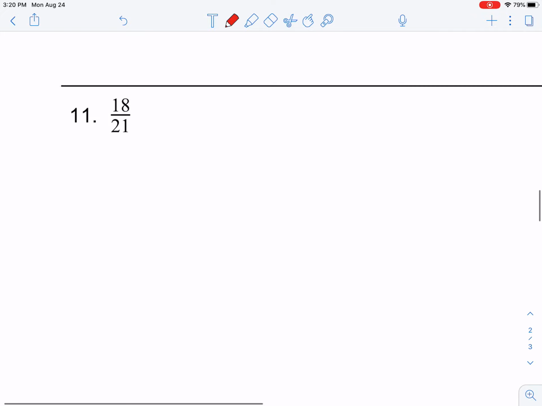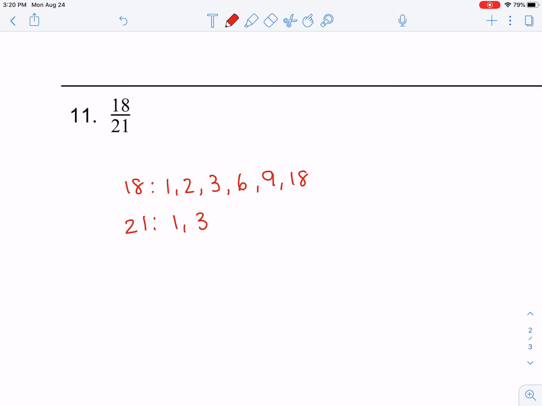Number 11. We know that 18 and 21, we need to figure out the factors, and you can always list it like this. So 18 would be 1, 2 because it's an even number, 3, 6, 9, and 18. 21 would be 1, can't be 2. It does work for 3. 7, and 21.